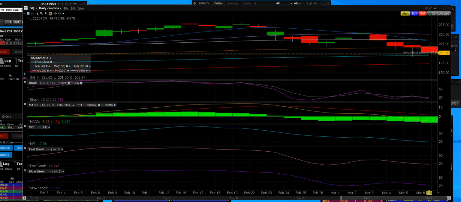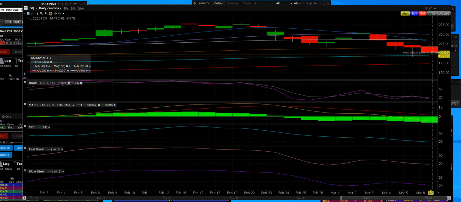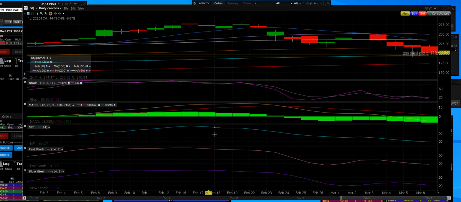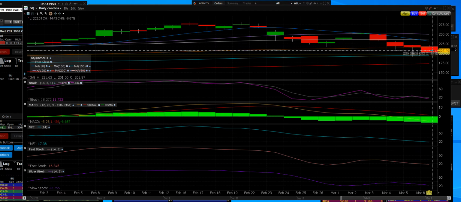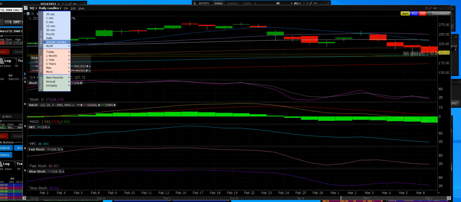So now let's just set some alerts, because the business model is not changing on Square, but we're going to set it right below that moving average right there at that price.